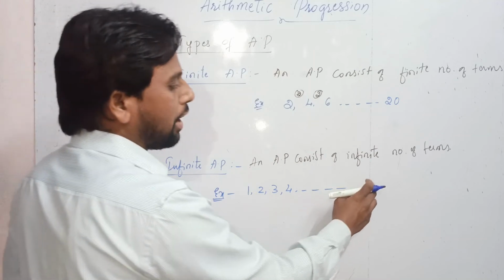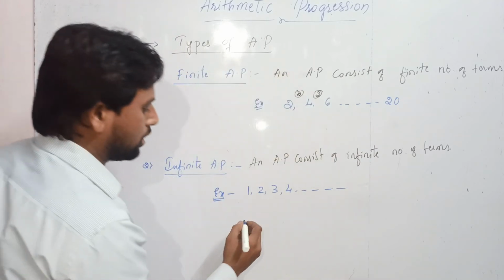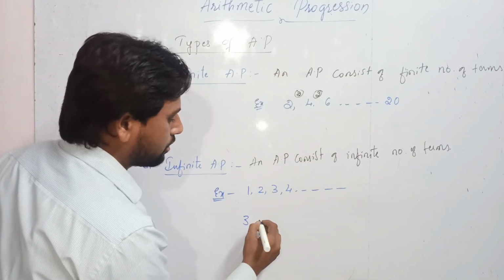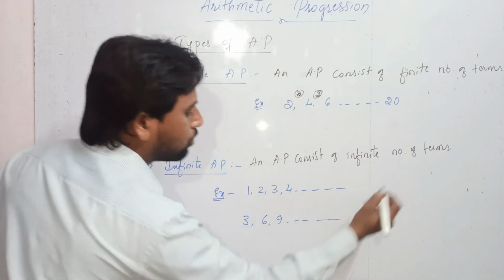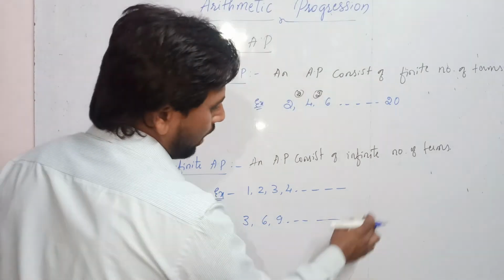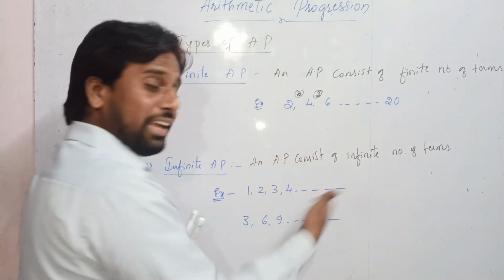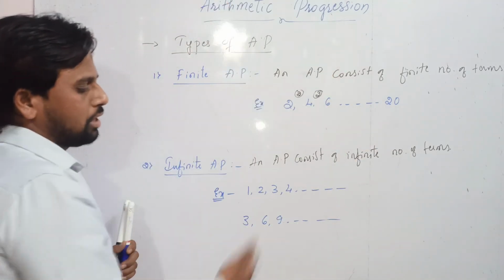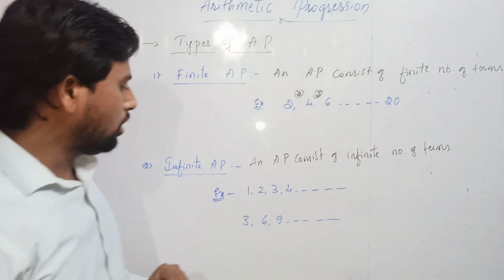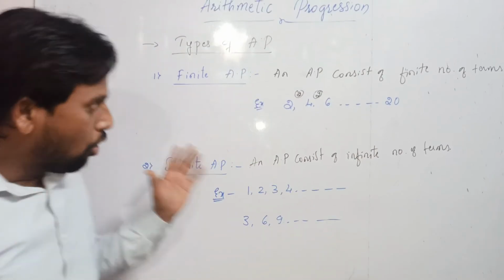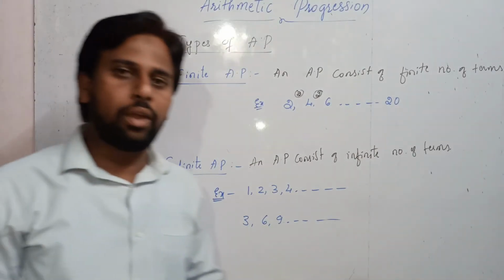We don't have any final number here; it will go on, students. Like this, we can give 3, 6, 9, and so on. Students, can you find any last term, any end term here? No. So this is infinite, an infinite number of terms are there. So it is considered an infinite AP. I hope you understood the types of AP.